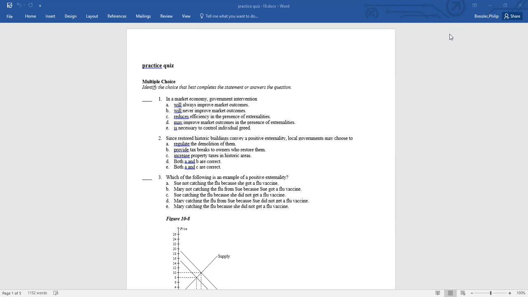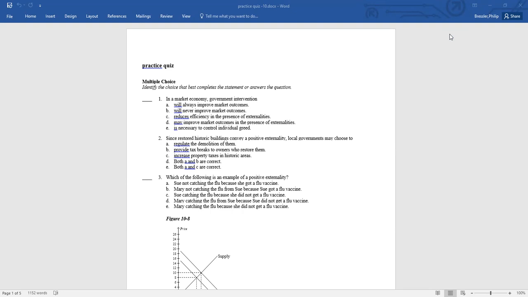Okay. Restored historical buildings convey a positive externality because they're worth more than the building, because they bring historic significance to the community, maybe raising the value of the community. Also, people might enjoy seeing the historic building. So government regulates the demolition.